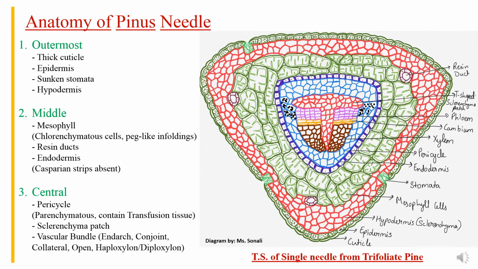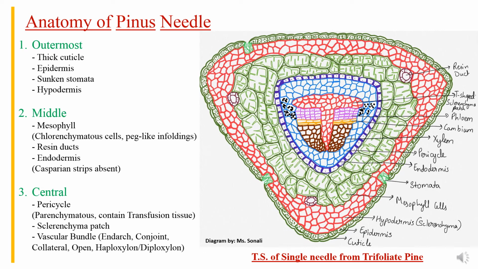It is homogeneous in nature, that is, only one type of cells is present in mesophyll, unlike angiosperms where mostly two types of mesophyll cells are present: spongy parenchyma and palisade parenchyma.